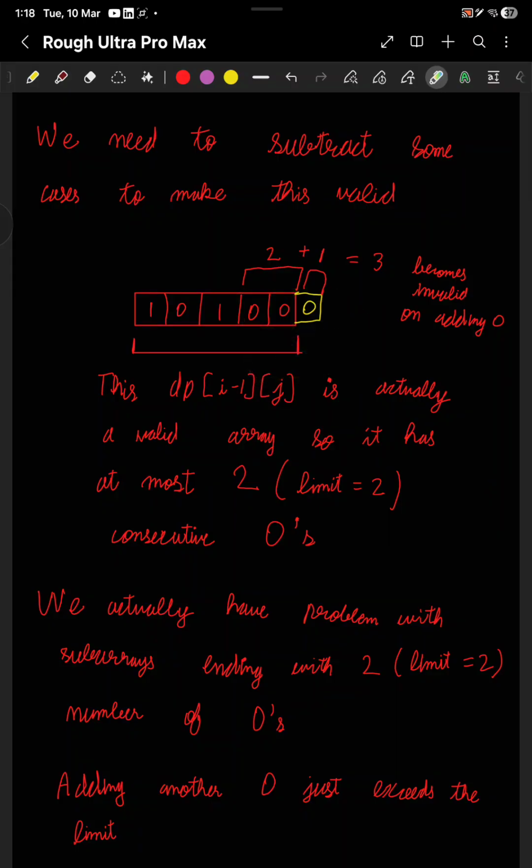So we need to generate some permutations of these, so that we could subtract these cases from this in order to get all the valid arrays.